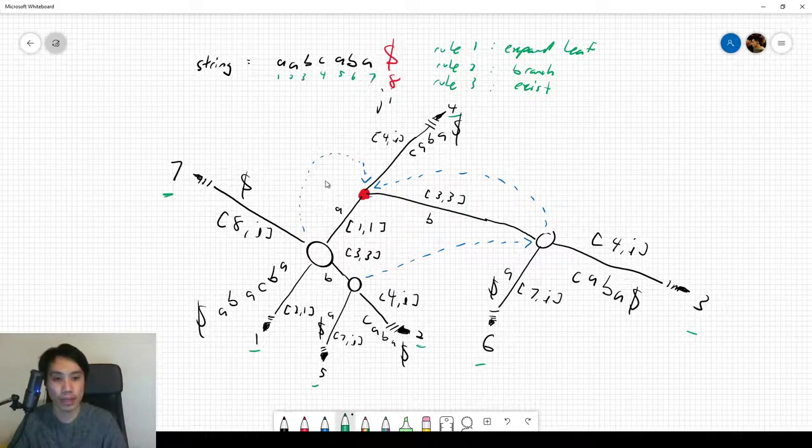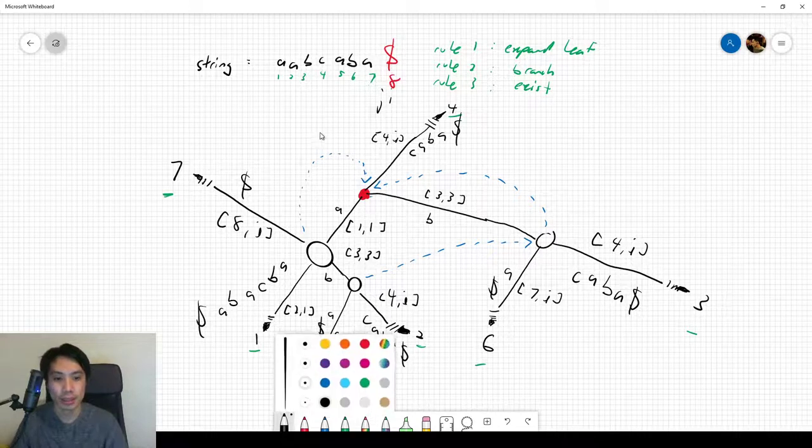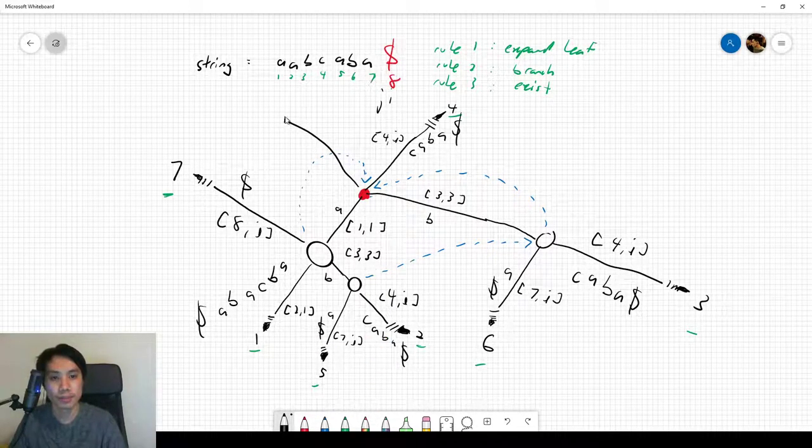My active node is my root here, so I'm going to expand my last one, which is over here. Okay, here will be number 8, and here will be my dollar sign, here will be my 8i.